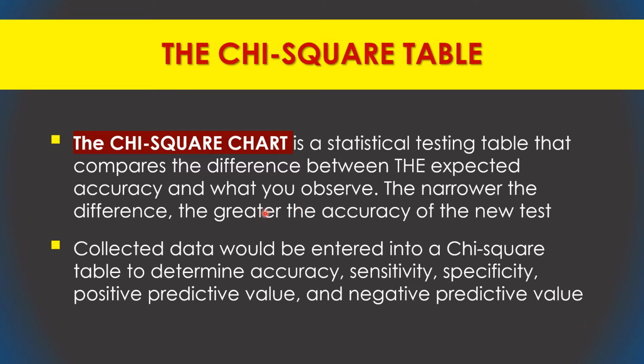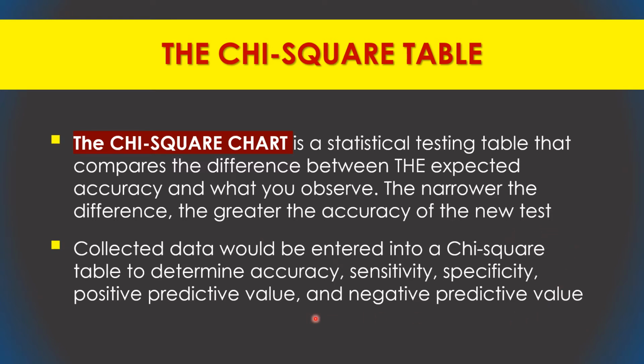What this chart is doing is taking the collected data, and at the end we will see if the results of these collected data are as good as the expected accuracy, okay, or they are not. The best thing, if there is a difference, the narrower the difference is, the greater the accuracy of the new test.